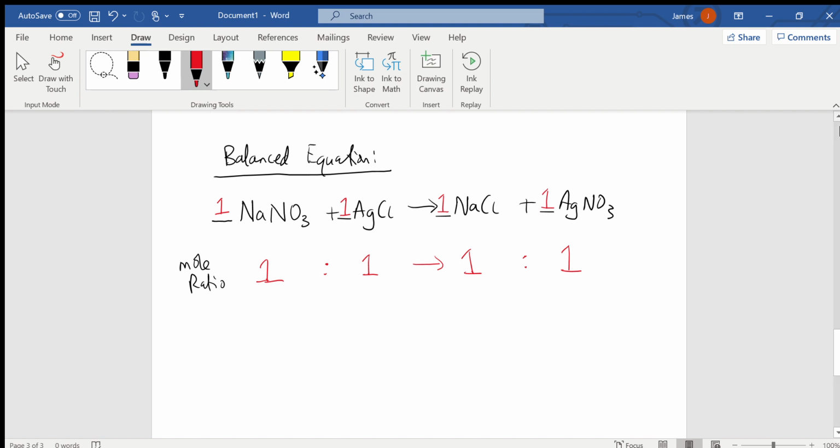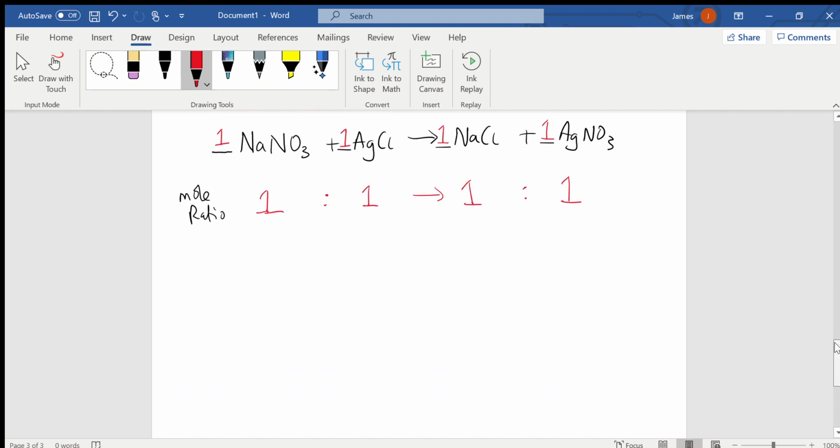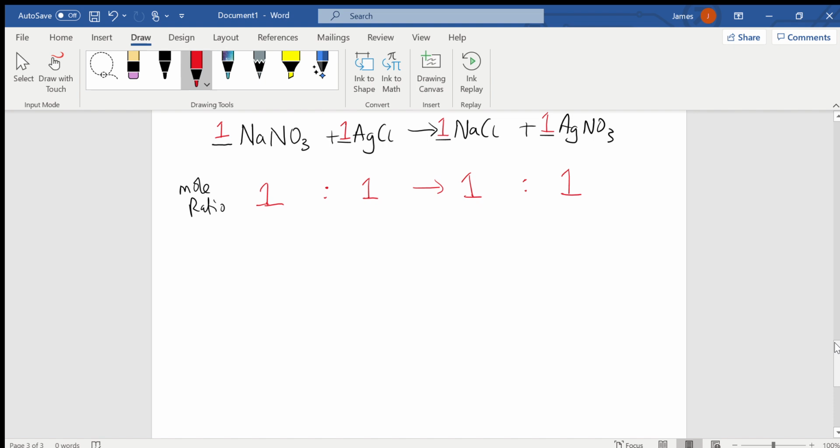Okay, what does that mean? Because ultimately we're going to have to start doing calculations at some point in chemistry, right?